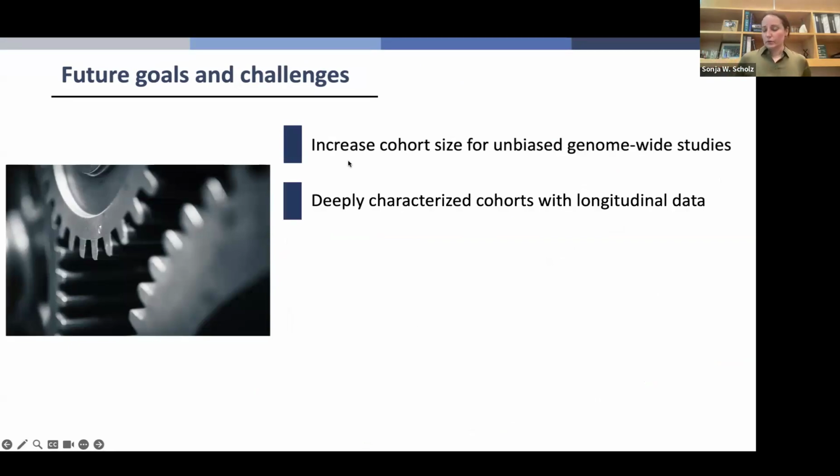We can also use genetic data to correlate with certain clinical features. But in order to do that, we need very deeply characterized cohorts. We need ideally patients who are followed longitudinally over a longer period of time, so that we can see which genes are affecting the disease progression, the treatment response, etc.